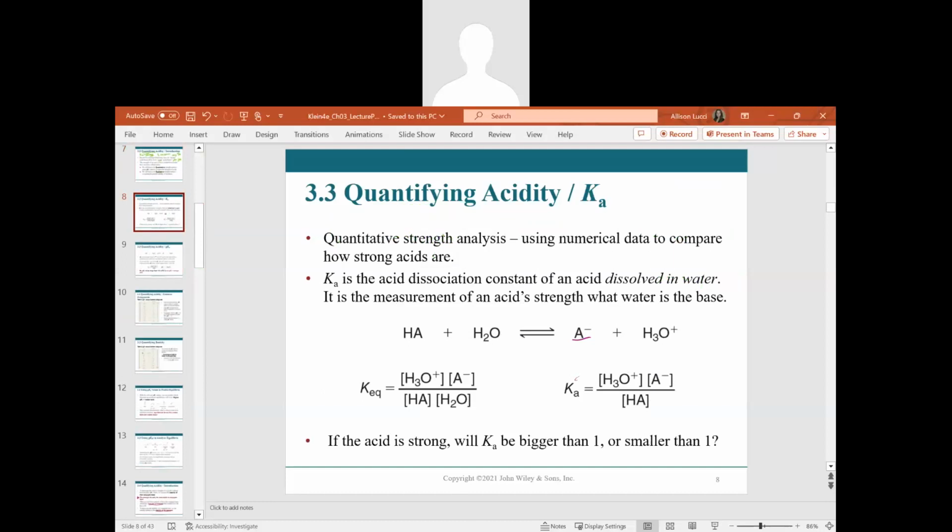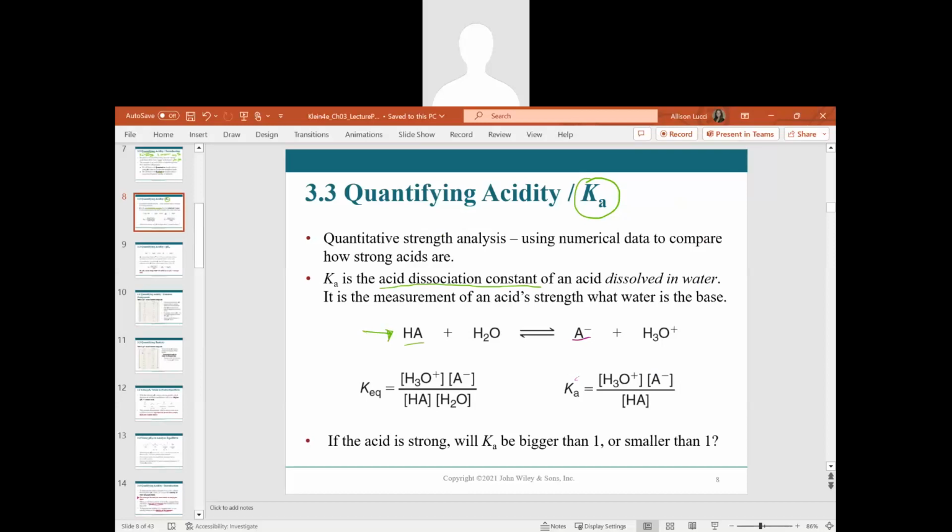Quantitatively, again, we're going to use the Ka, the acid dissociation constant, which tells us how much ionizes when an acid is dissolved in water. Over here we have this generalized formula for weak acid dissociation in water.